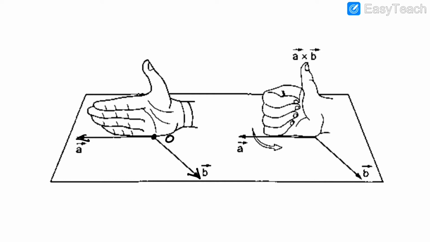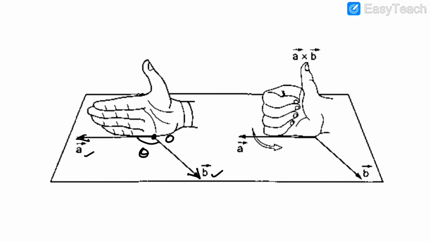So what will be the direction of A cross B vector? The magnitude we already know: modulus of A, modulus of B, into sine of theta, where theta is the included angle between them.